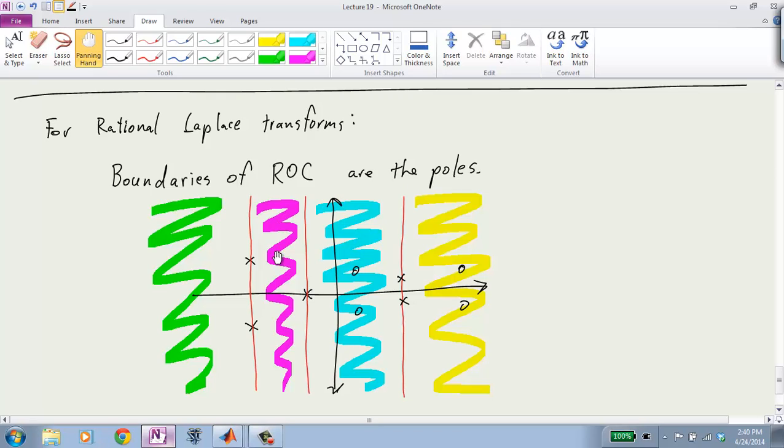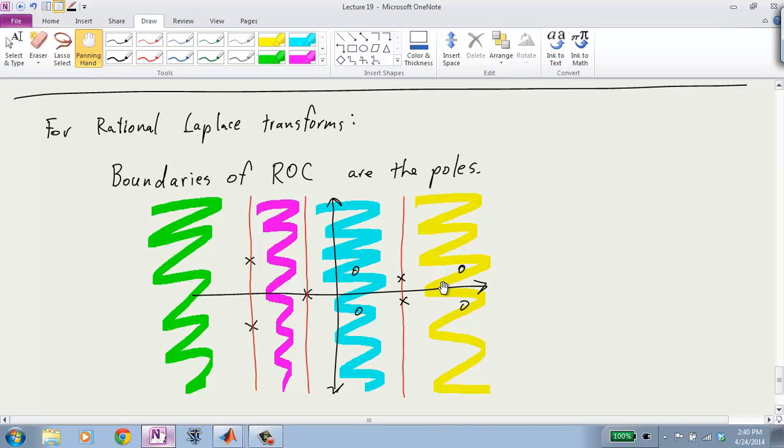Now what about the purple then? Purple, many things are the same, right? It's not left or right-sided. I mean, it's two-sided, but it does not have a Fourier transform. In fact, we can even tell that, considering where it converges, you needed to have exponentials that were growing in order to make the Fourier transform converge.